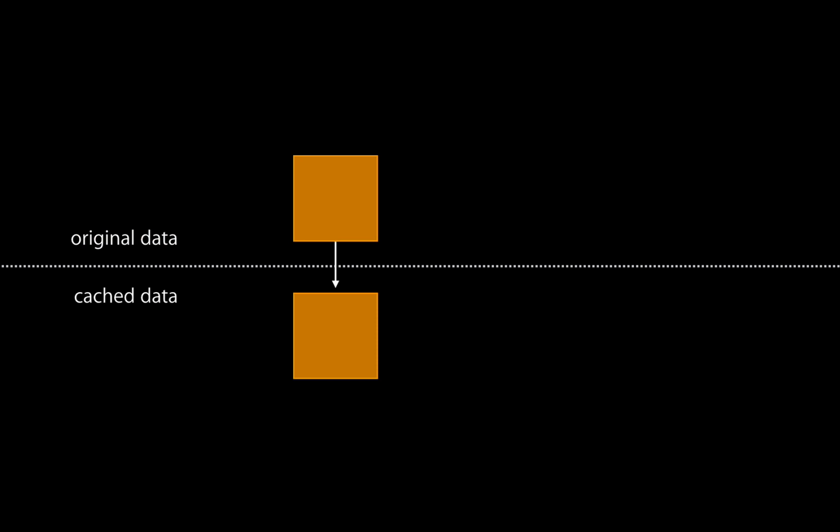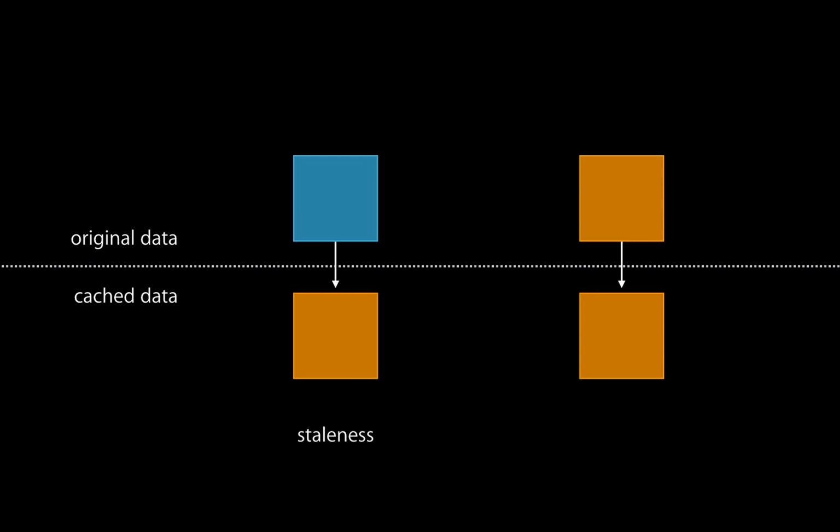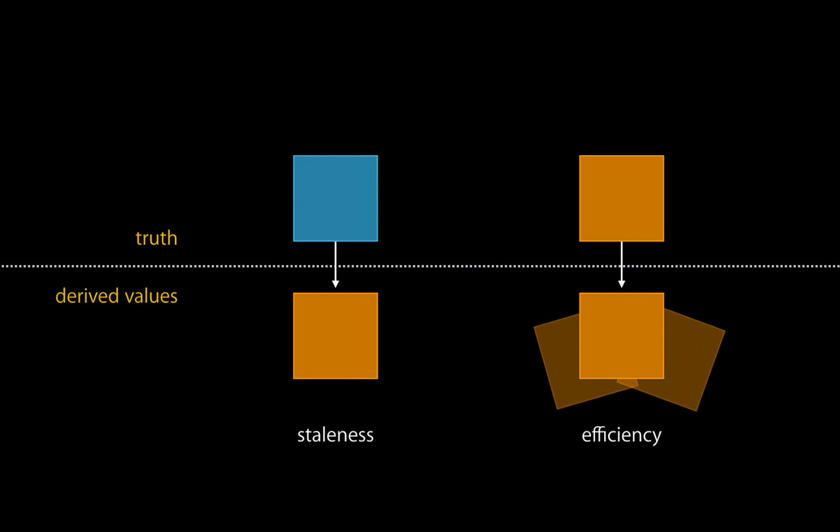For instance, when your original data changes, you need to make sure to update the cache data, or else you are going to have staleness bugs. And on the flip side, if the original data hasn't changed, then you shouldn't be going about generating new cached representations of that information either, or else you're going to have efficiency problems. Now, our problem here is staleness.